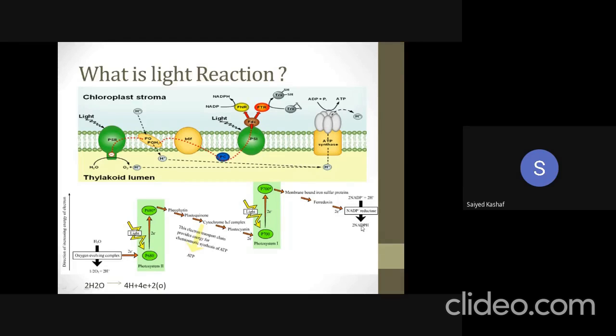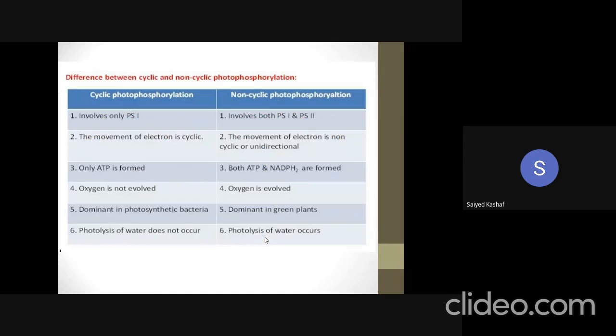So this process is independent, and this process only takes place in the PS1 system, at 700 nanometer wavelength. So this is the basic difference between cyclic photophosphorylation and non-cyclic photophosphorylation. This involves PS1 only, and in non-cyclic both PS1 and PS2 take part.